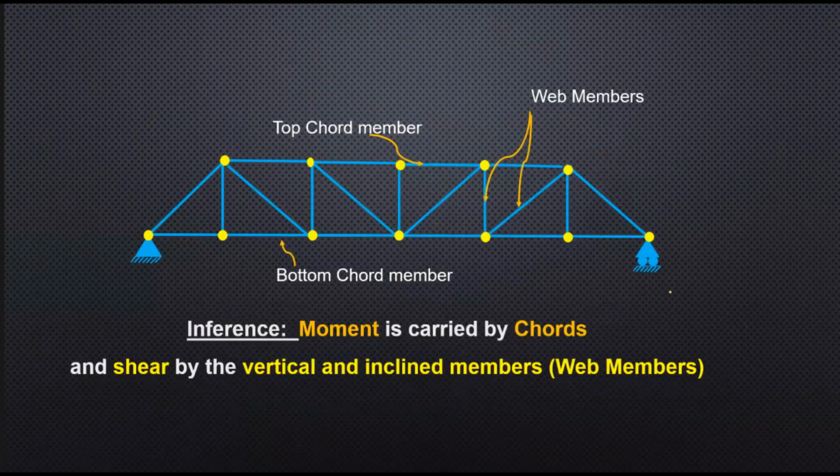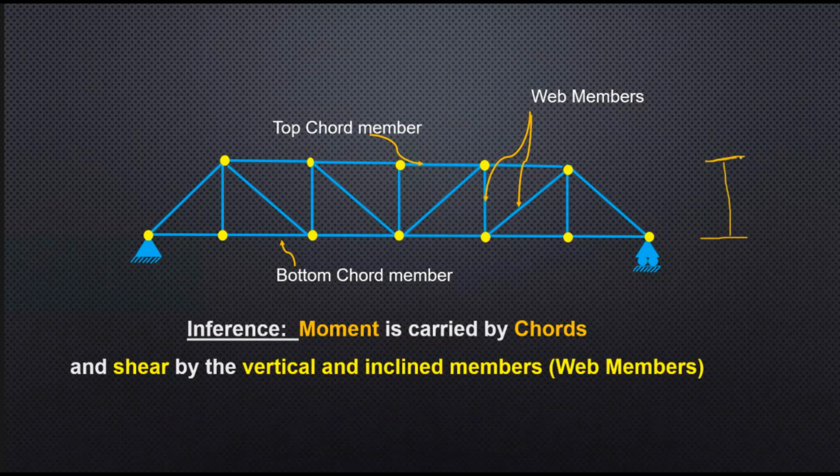Right. Now, what happens in a truss? Same thing. The truss has to take the bending moment and shear. So I have a chord member, which is called the top chord, and this is the bottom chord member, and I will call the vertical and inclined members web members. Very similar to my plate girder.